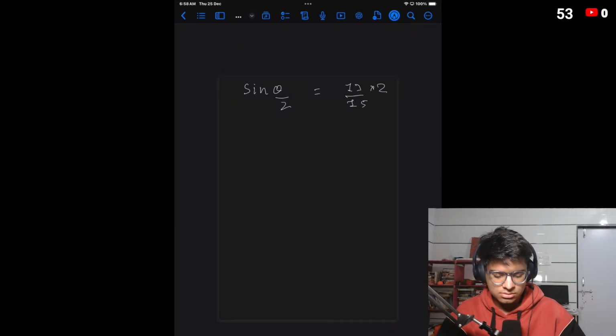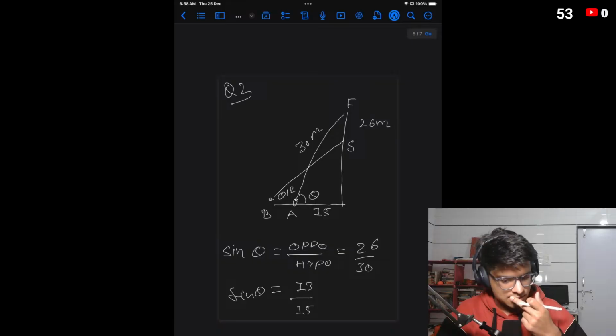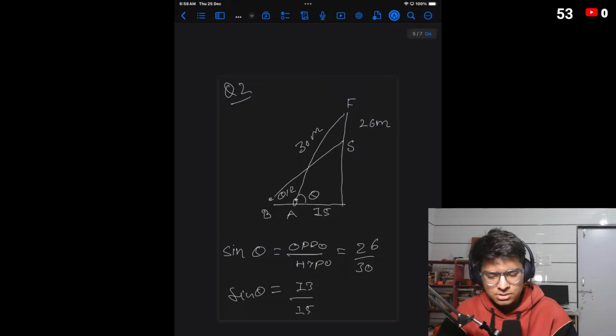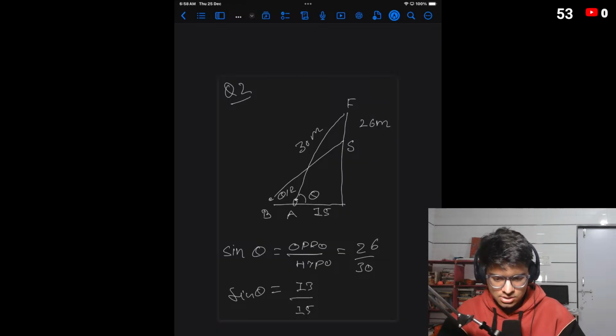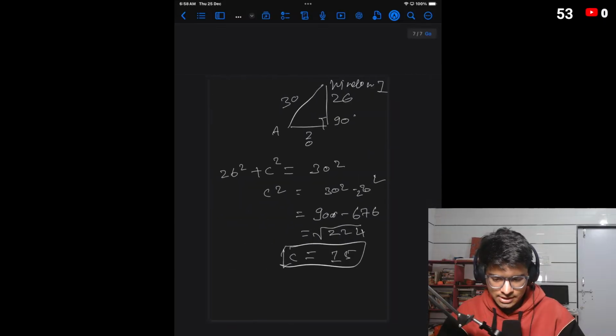I don't think that would be the case. Hypotenuse is always the longest. That's not the case. No observation came out of this for me.